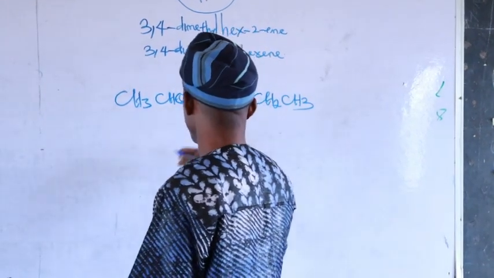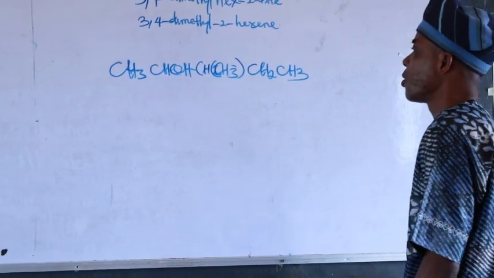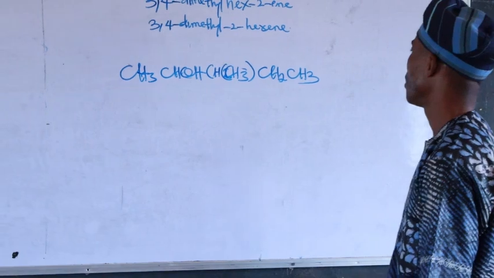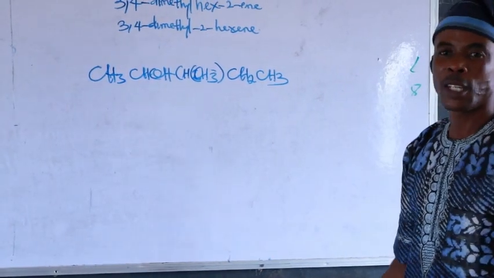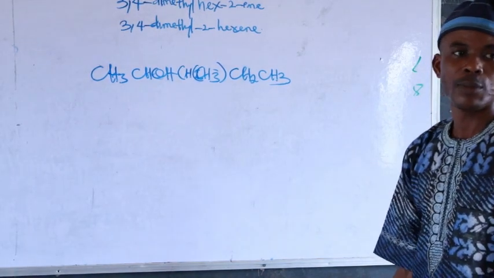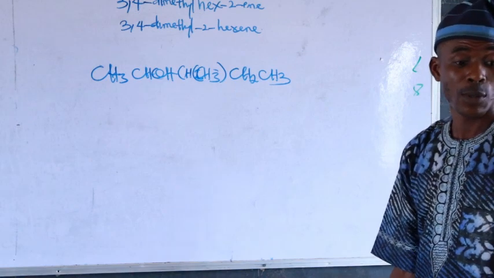So let us look at this. CH3CHOHCH(CH3)CH2CH3. This compound belongs to which homologous series? Alkanol. Do you all agree with that? Why does it belong to alkanol?